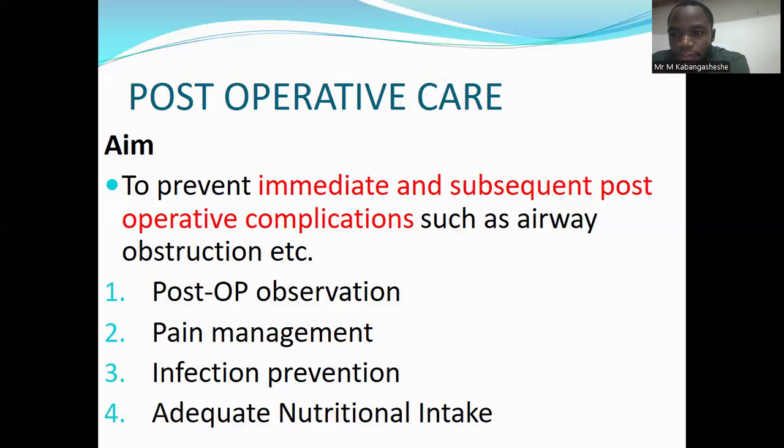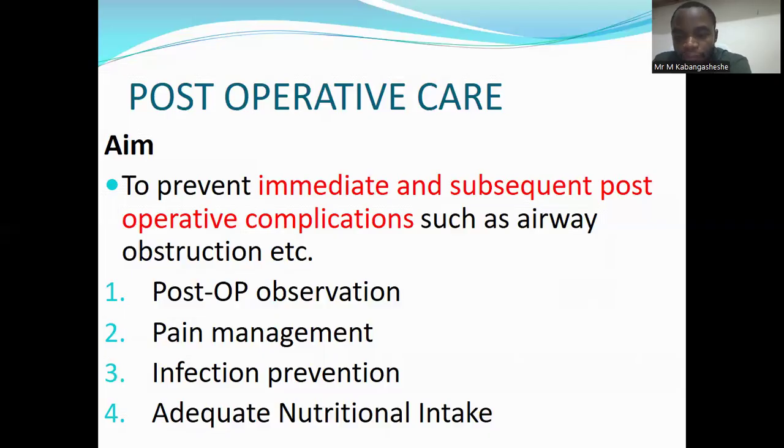Another issue that you must be critical with, especially when managing the patient post-operatively, is infection prevention. This is one of the commonest complications that patients coming from theater have. Those wounds expose the internal environment of the human body to the external, and we know that the external environment is full of microorganisms: viruses, fungi, bacteria, just to mention a few.